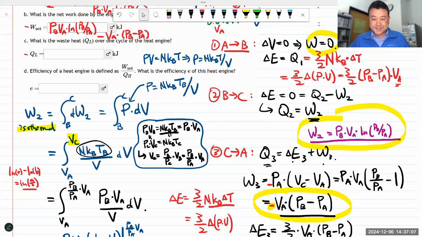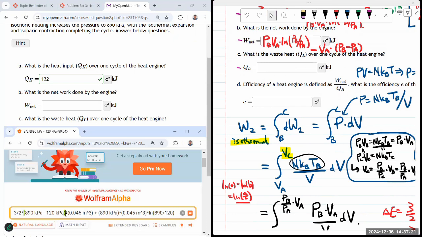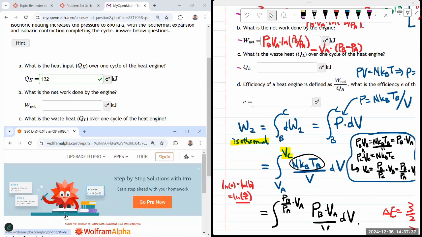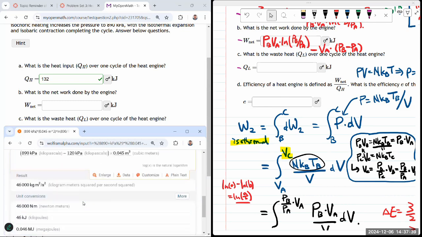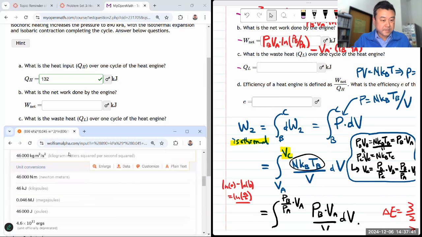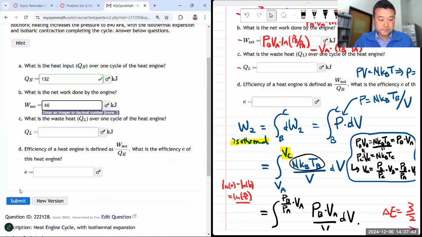So let's plug in the numbers. I think I can reuse a lot of this. So PB times VA, this is that. So we are using this minus. Now there's no more 3 half. I have PB minus PA times VA. Yeah, great. Got rid of the 3 half. That'll give me 46 kilojoule of work done.